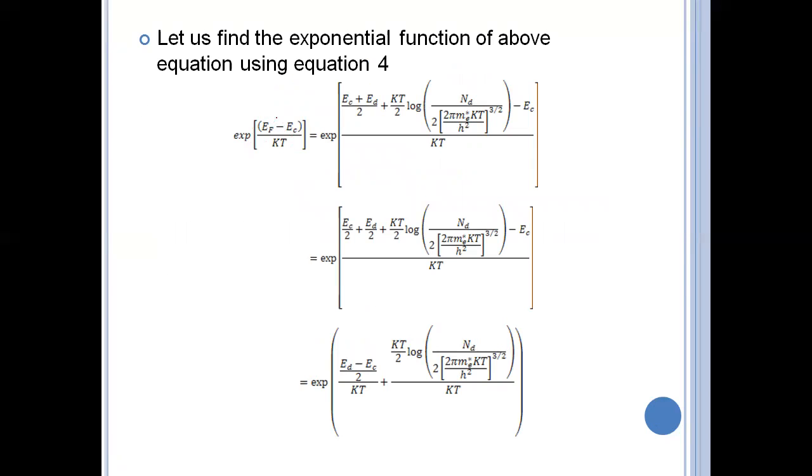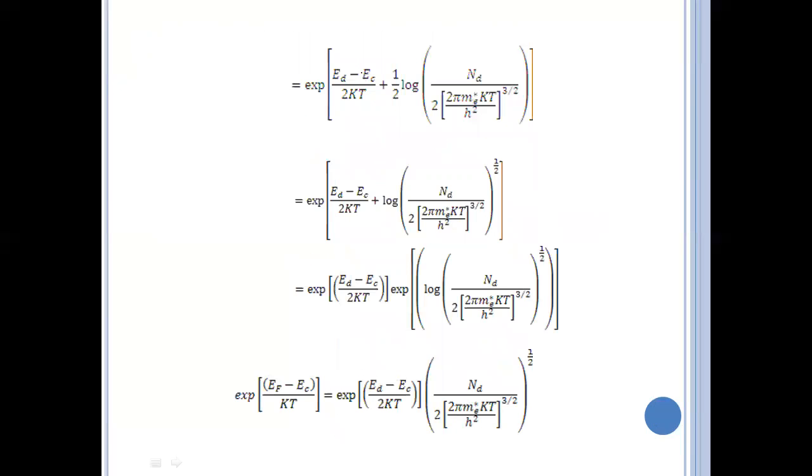And in place of EF, you are just replacing it with the EF expression, (EC plus ED) by 2 plus kT by 2 log of ND by 2 into (2 pi me star kT by h square) power 3 by 2. This is the EF expression we derived in the previous step. So just replacing them, this is EC by 2, this is minus EC, so you'll get minus EC by 2. The final expression will be like (ED minus EC) by 2, separating the terms by kT, plus kT by 2 log term by kT. So you can cancel kT with kT. You'll get (ED minus EC) by 2kT plus half log term.